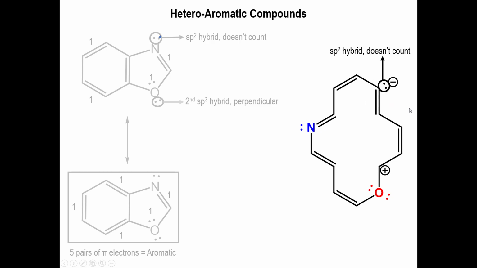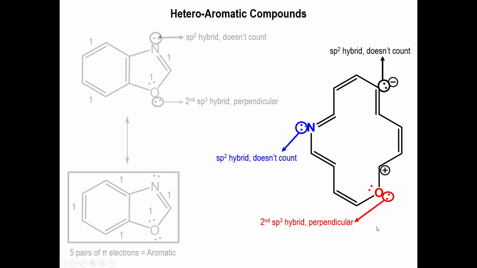So we do not count either of those two lone pairs in the pi system count. On the other hand, the oxygen that is sp3 hybridized, one of the two lone pairs will make it in the count because it will remain parallel to the pi system. The second one, unfortunately, will be orthogonal, so it's not to be counted.